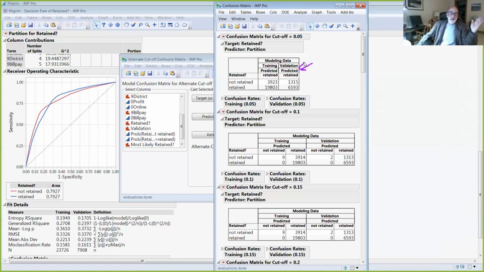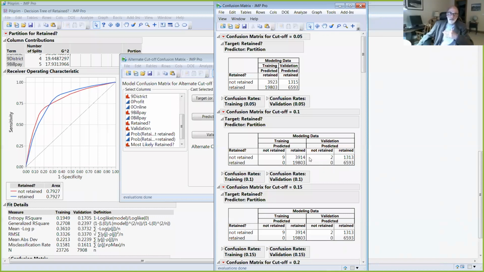Everybody's predicted to be retained, because everybody had a probability of at least 5% of retention from this model. When the cutoff goes to 1%, now we predict almost everybody will be retained. Look how small the numbers are, both for validation and for training, in terms of not retained. We're predicting almost everybody will be retained. That's clearly not what we want.